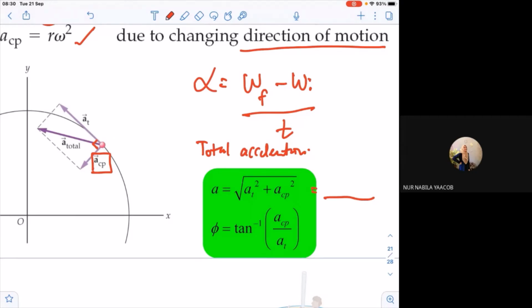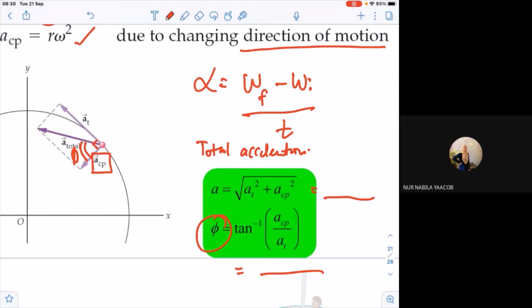Then phi is equivalent to tan inverse of centripetal acceleration over tangential acceleration, which will give you some value. That value is this angle phi.